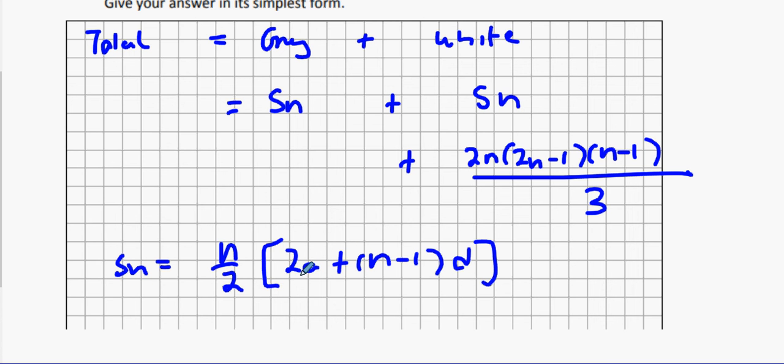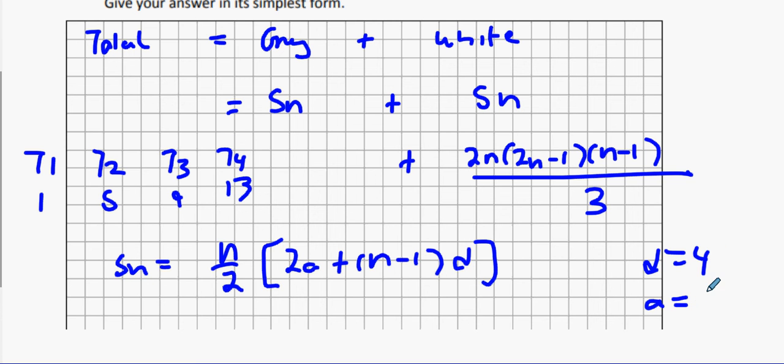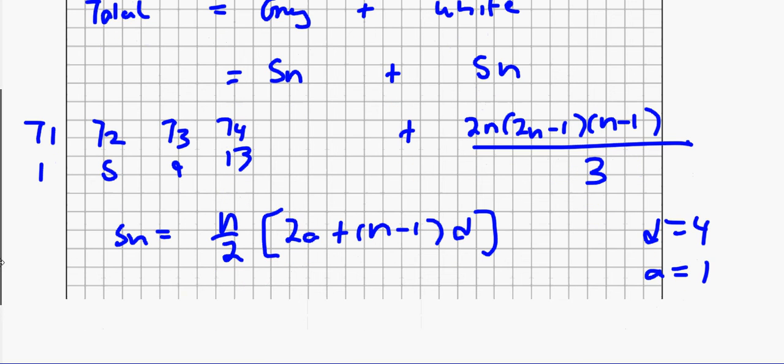The grey pattern was T1 was 1, T2 was 5, T3 was 9, and T4 was 13. So it's a D value of 4 and an A value of 1. So we create this here. So 2 times 1 is 2.